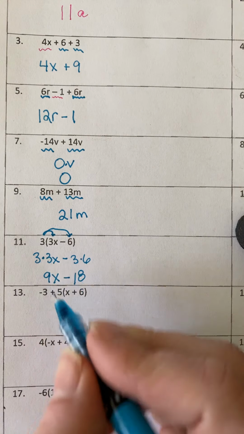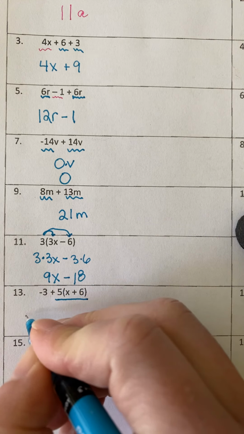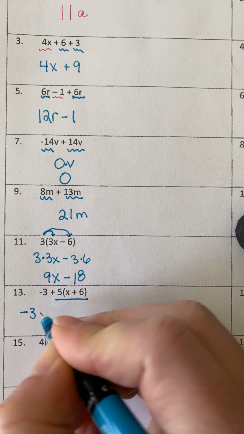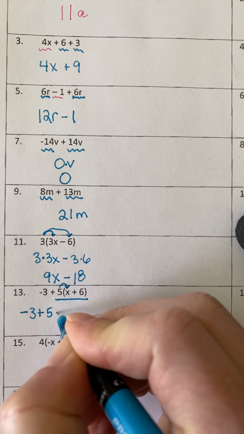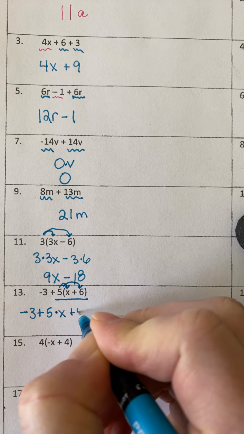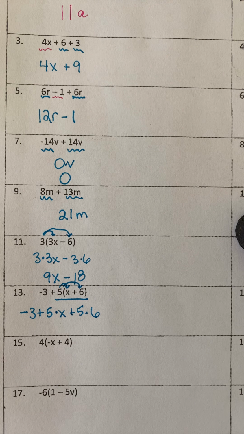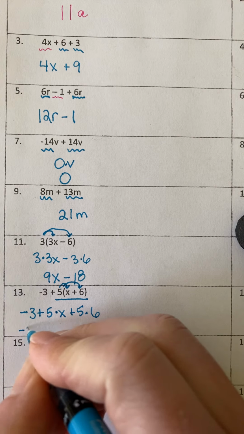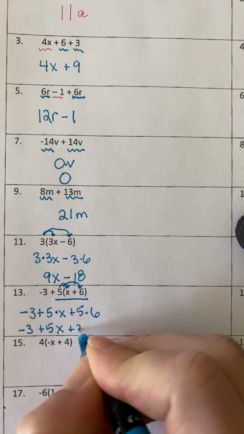So the very first thing I'm going to want to do is this. I'm going to leave that negative 3 in front, plus 5 times x plus 5 times 6. All right, so that leaves me with negative 3 plus 5x plus 30.